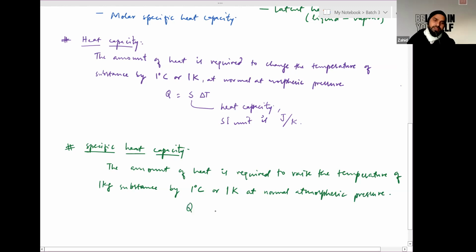So Q equals mass of substance times specific heat capacity constant times change in temperature. This s is called specific heat capacity. Its SI unit related to this formula will be joule per kg per Kelvin.